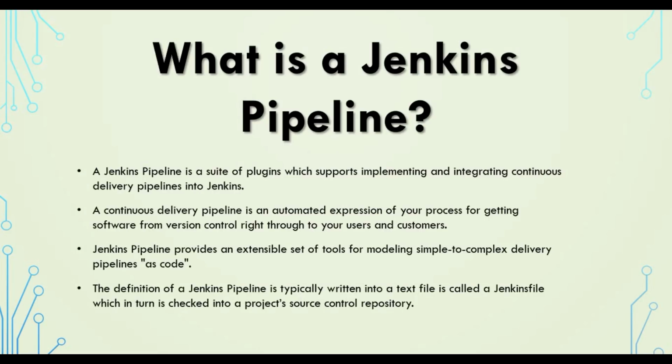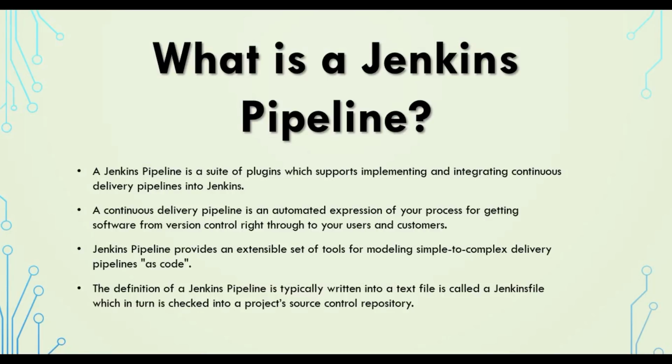If you want to know what a Jenkins pipeline is, basically it's a suite of plugins which supports the implementation and integration of continuous delivery pipelines in Jenkins. What do I mean by that? If you have a lot of processes, you want to have a Maven build first, then you have to do testing, then you want to have SonarQube, then you want to push this war file into Artifactory.